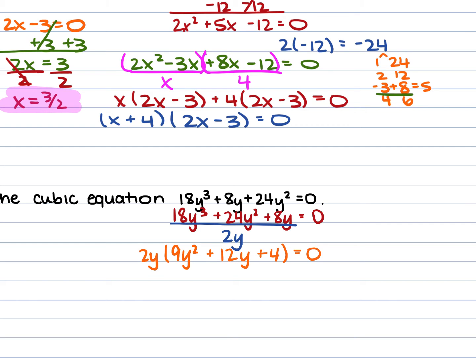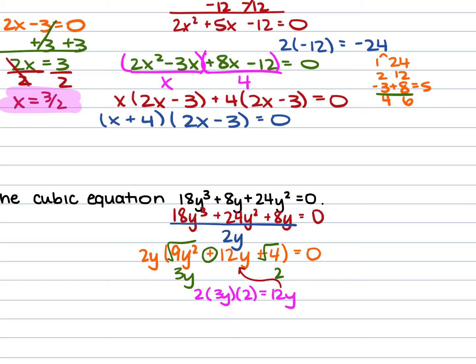Now that we have that 2y factored out, we have a trinomial where we have a y squared that comes first. You can do this one of two ways. If you realize that you can take the square root of that 9y squared, you can take the square root of that 4, you get 3y and 2. The sign on that middle term is positive, so if you take 2 times 3y times 2, it gives you the 12y, which is that middle term.